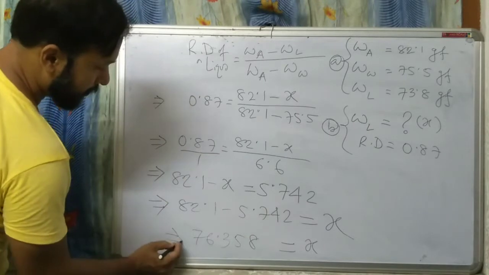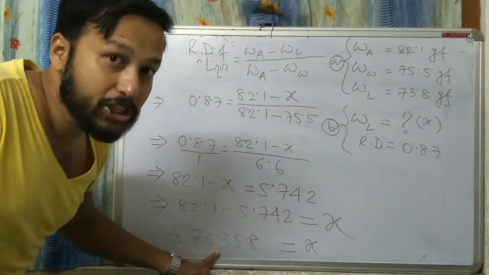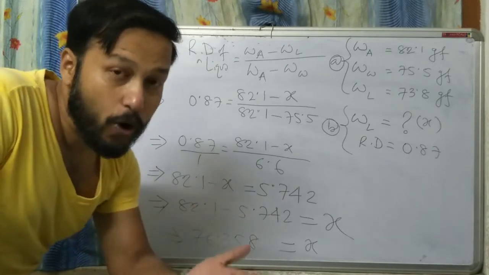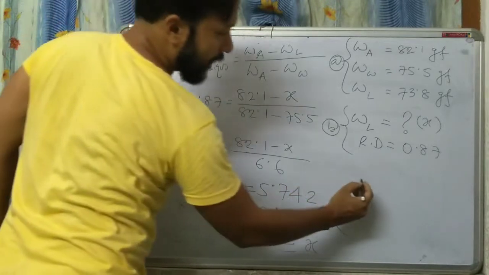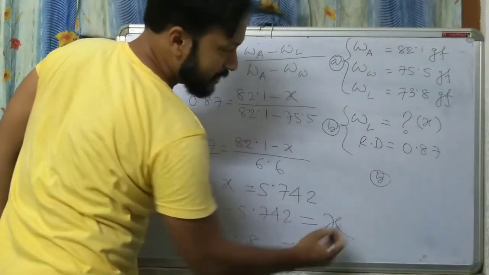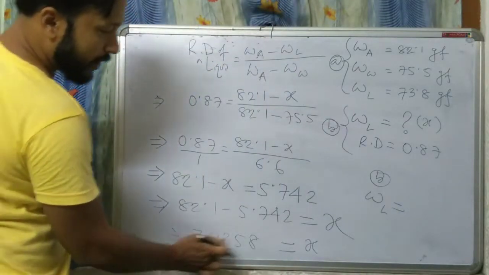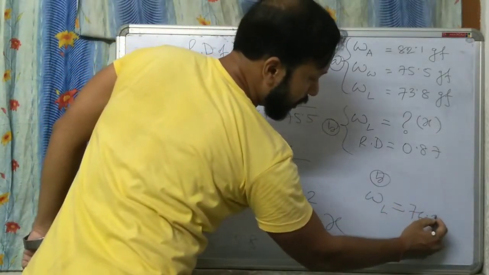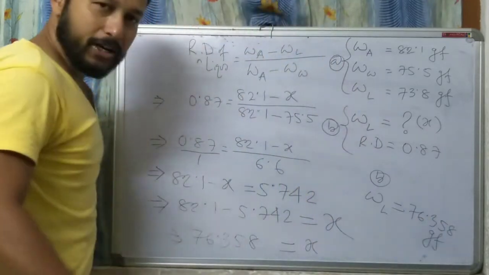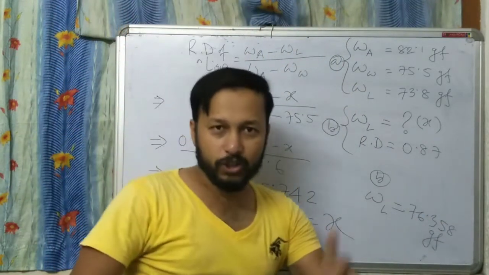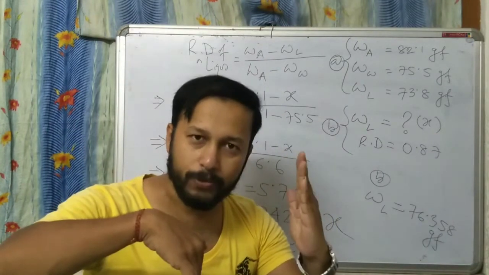So 76.358 gf is the weight of that object in that liquid. The answer of part B is: the weight of the object in that liquid is 76.358 gf.